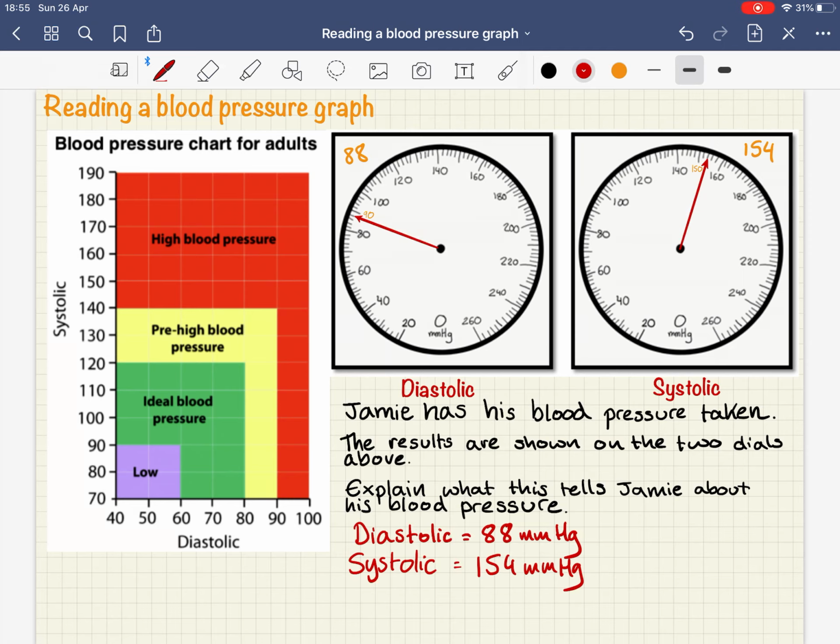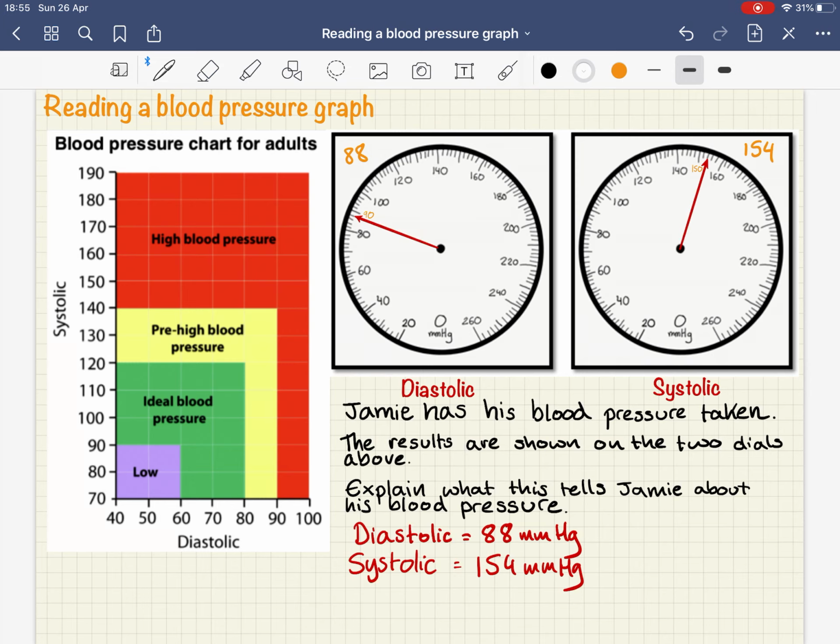At that point, we are two thirds of the way through the question. Now we've got to look at this graph here. What we're going to do is try and find where our two values sort of intersect with each other. To start off with, I'm going to look at that diastolic of 88.